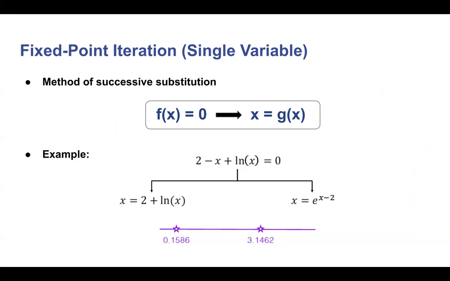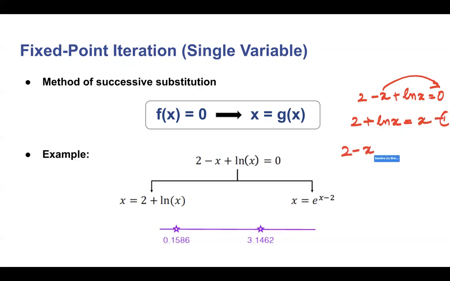Let me do the first one carefully. 2 minus x plus ln x is equal to 0. What you can do is bring the x to the other side, so you will have 2 plus ln x is equal to x. That is one equation. For the next equation, 2 minus x plus ln x is equal to 0, I take the x to the other side, so ln x is equal to x minus 2.